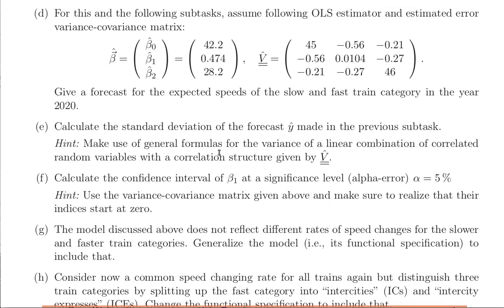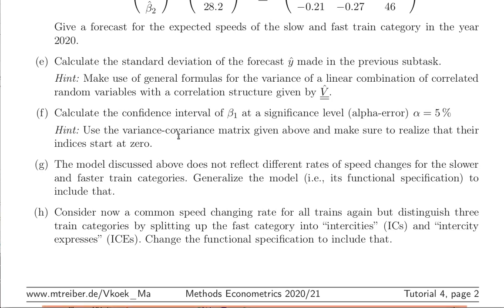Now we come to question F. Calculate the confidence interval of beta 1 at a significance level alpha equal 5%. So we just can use the standard formula for the confidence interval.